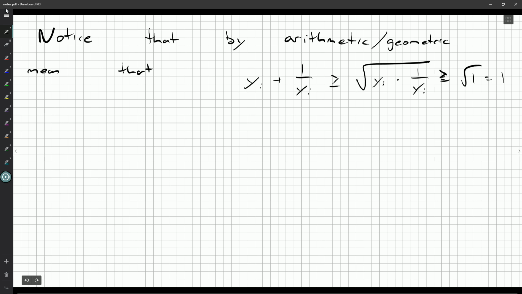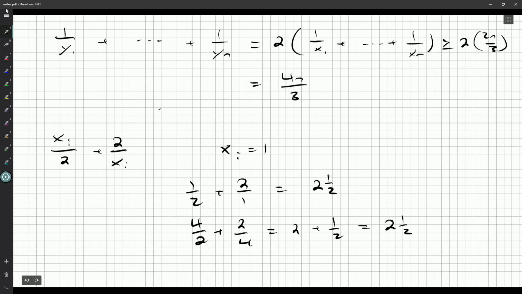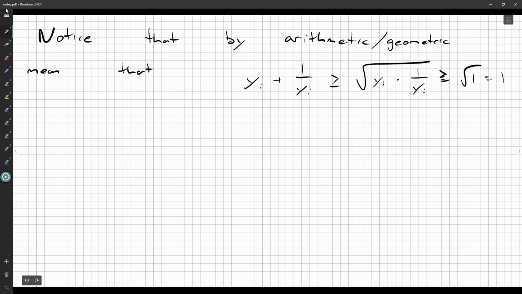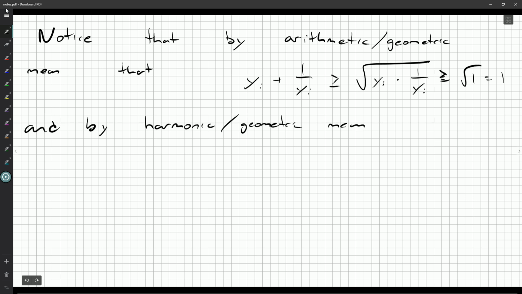And then, no, I'm not quite sure what I'm trying to say here. Okay, but then, yeah, so here's what I say. And by harmonic mean, one over yi plus 1 over, well, got to do the full harmonic mean.